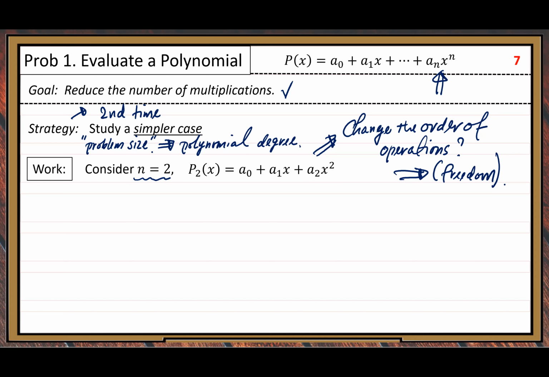And here, when we choose the smallest meaningful size, we do not choose n equals 1 because it's not meaningful.